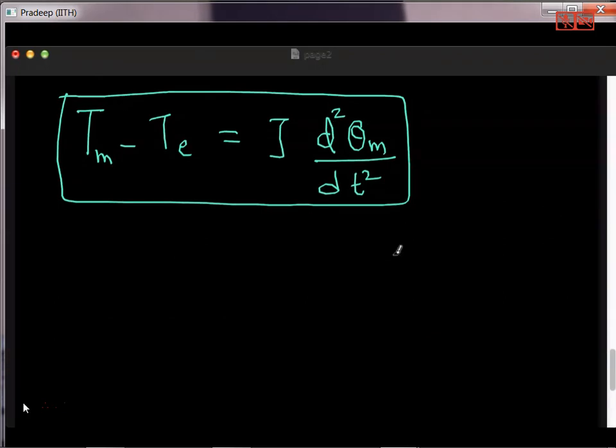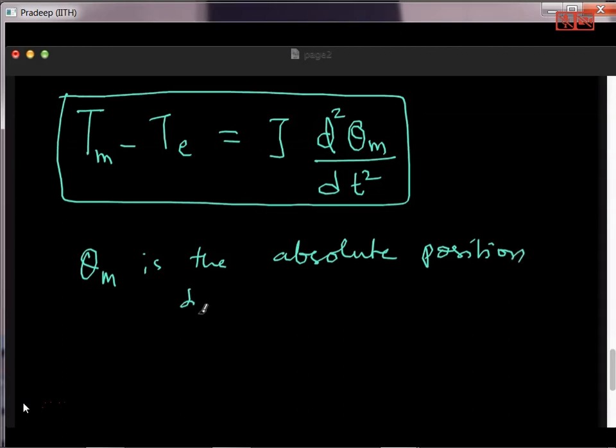Here I would like to use another variable. What happens is theta m is the absolute position, the absolute position of the rotor with respect to a stationary axis.